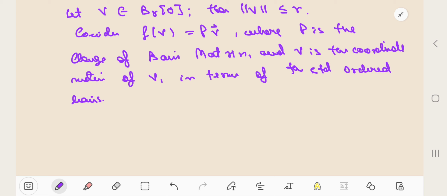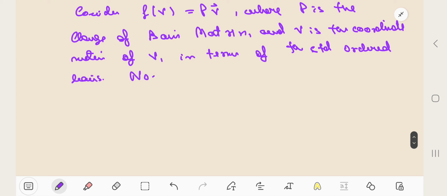So V is just the coordinate vector, because when we talk about the standard ordered basis, the vector will just constitute each component of it in the n-tuple form. And P transforms the coordinate vector of V in terms of the standard ordered basis to the coordinate vector of V in terms of the arbitrary basis which we are talking about. Okay.